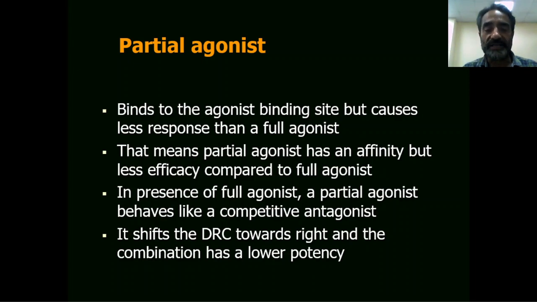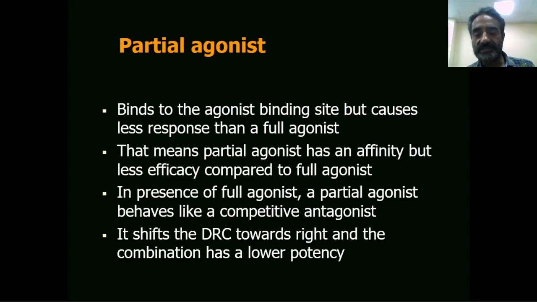In case of partial agonist, so what is a partial agonist? It binds to the agonist binding site, the same site where agonist is binding, but causes less response than a full agonist. So that means that a partial agonist has got affinity but less efficacy compared to a full agonist.